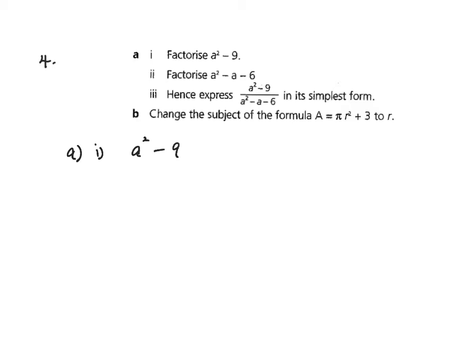So we want to factorise a squared minus 9, that's a difference of 2 squares. And we can write it as a squared minus 3 squared, which gives us a minus 3, a plus 3. Part 2, what we have here is a trinomial.